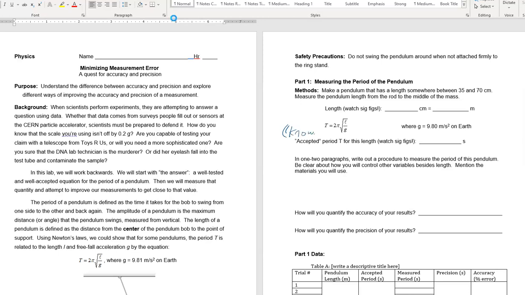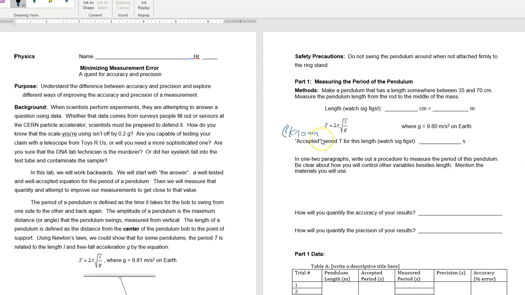So when I say accepted, that also means the known value that you will need later when you calculate percent error. You're going to calculate that one time. It shows up in a bunch of different places on this document, so I'm sorry if that's confusing. Then you're going to write your procedure. When you do it on the lab report, it will be in past tense.